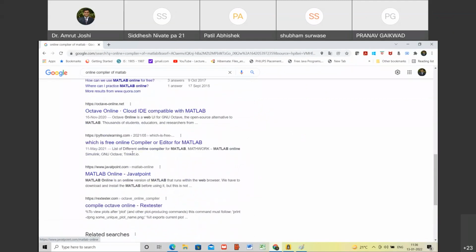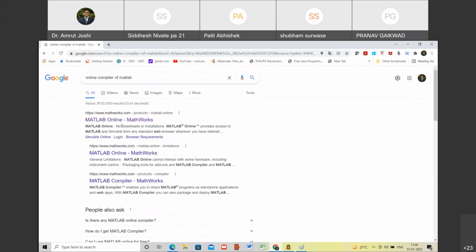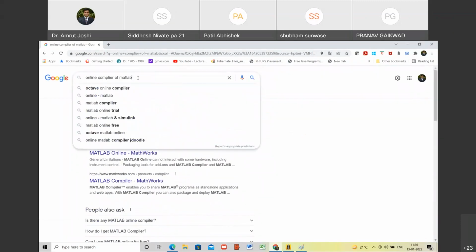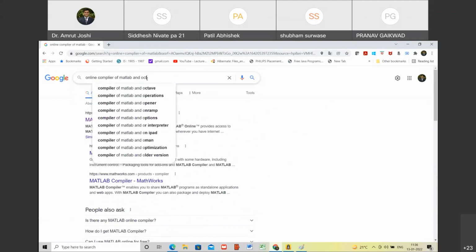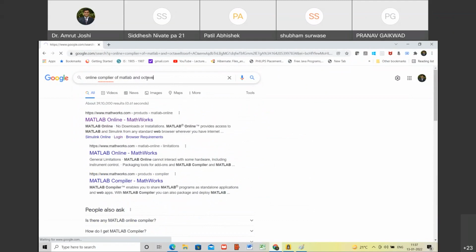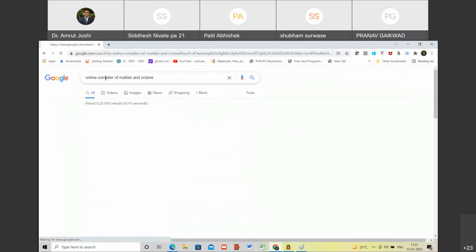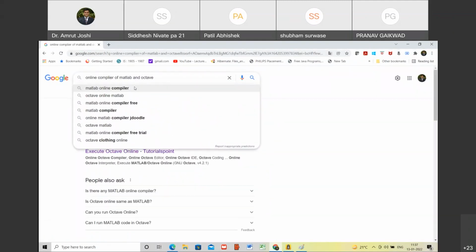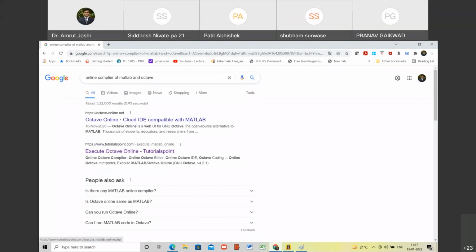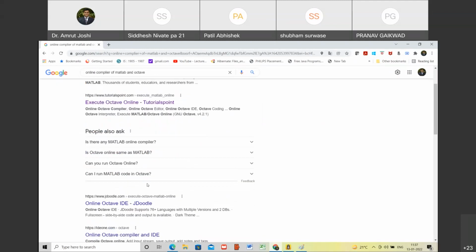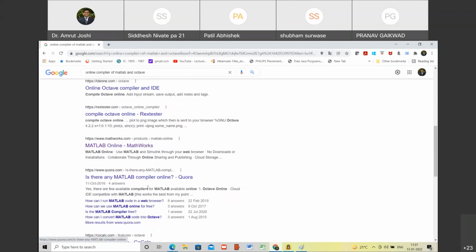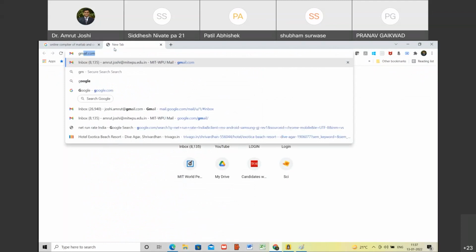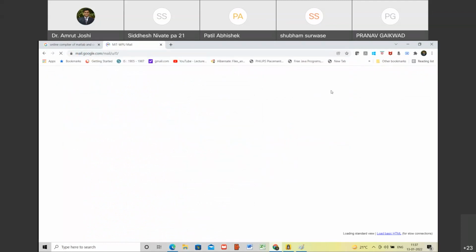Can you put it here? I gave it to you yesterday. Matlab and Octave, if I'm right. Just a second. I mailed it, so I will use that link.